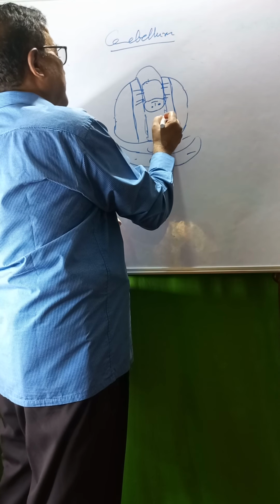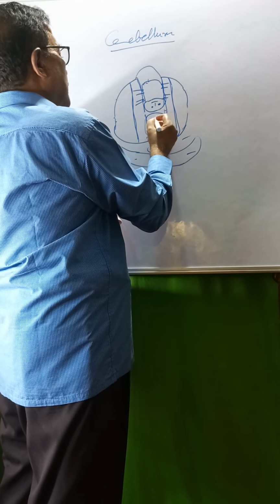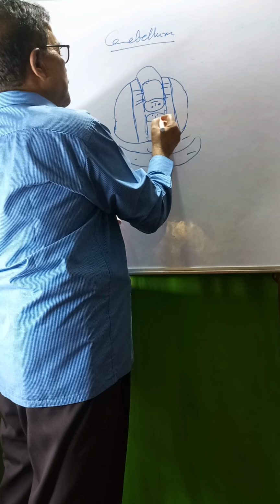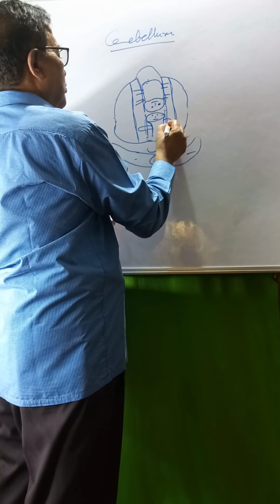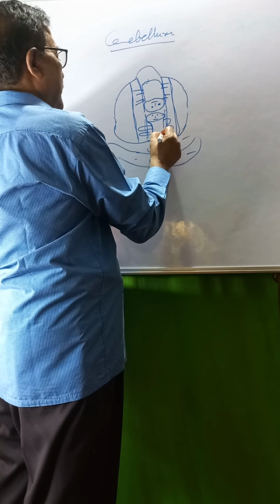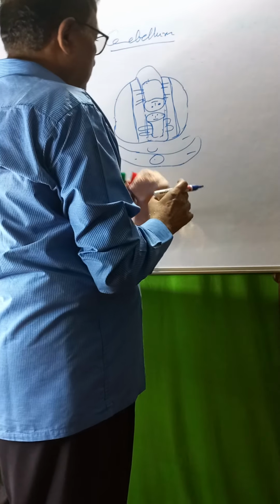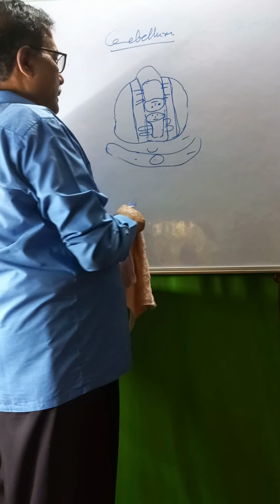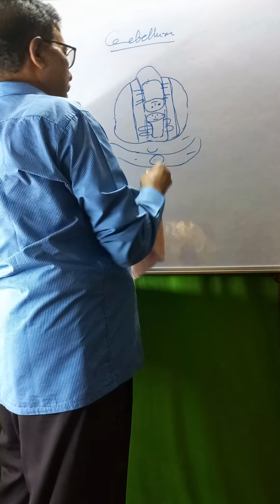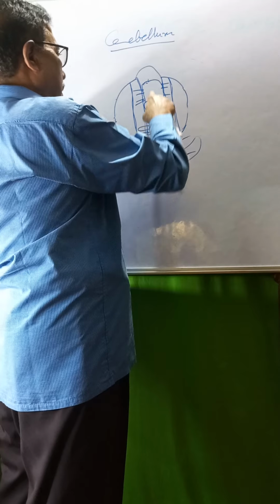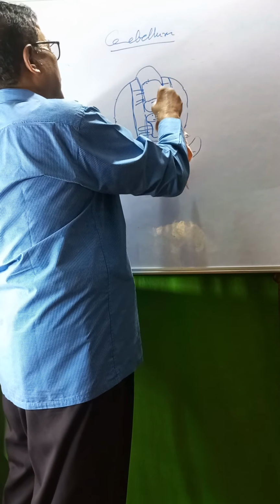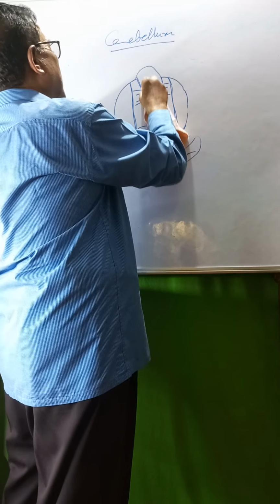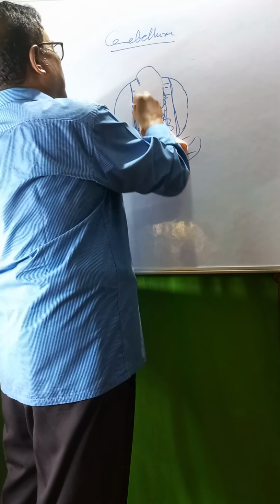In the posterior part, this is erect, but not very clear. This is representation of body. This is anterior part, and this is posterior part. The vermis will function on the axial part.